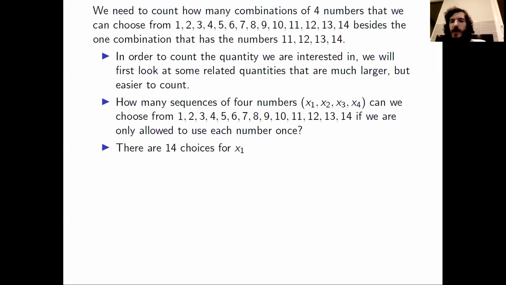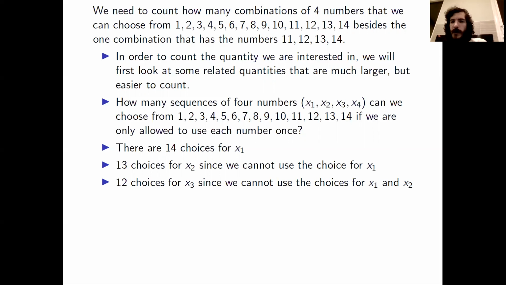We can look at the number of choices for x1 first. Again, like the last problem, we have 14 choices for x1. For x2, we get a different number of choices than for the last problem. Here we have 13 choices for x2 because we can't use the same choice that we made for x1 because we're not allowed to repeat numbers. For x3, we only get 12 choices because we can't use the choices that we made for x1 and x2.